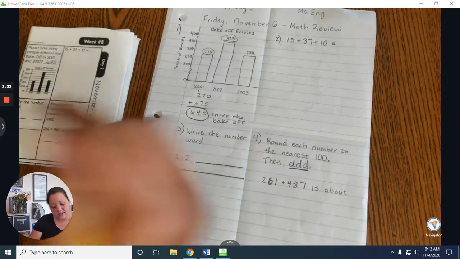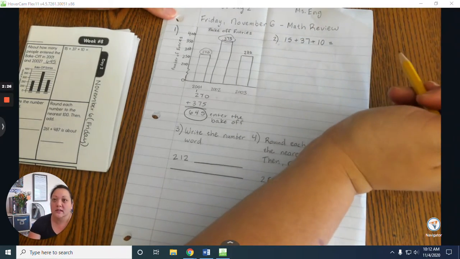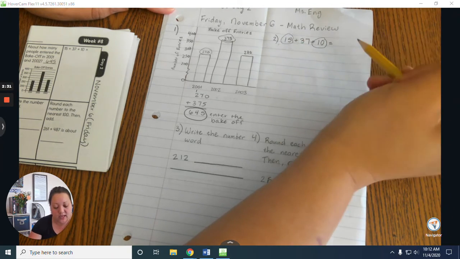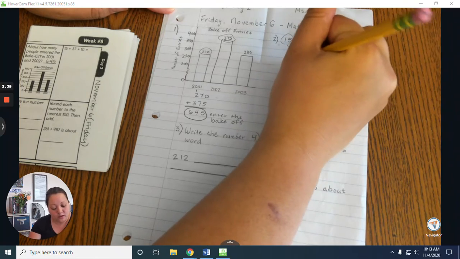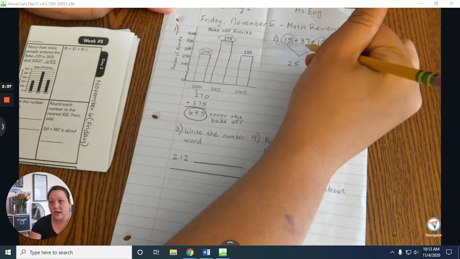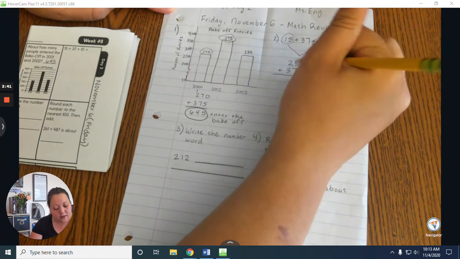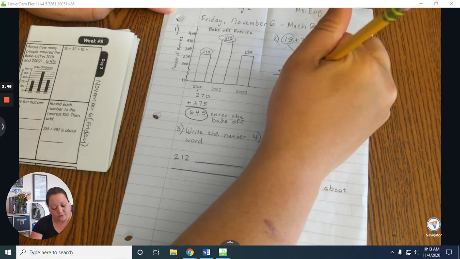Number 2 is asking us to add all these things together. So I'm going to do maybe something a little different. So I'm going to add these two, 15 and 10. Those are easy things. So together they equal 25. Now I need to still add 37 to that. So now I'm going to bring down 37. And if I did the break apart method, 5 plus 7 is 12.